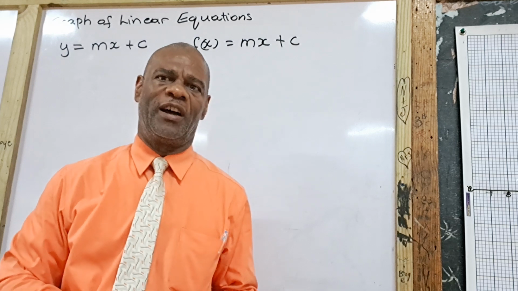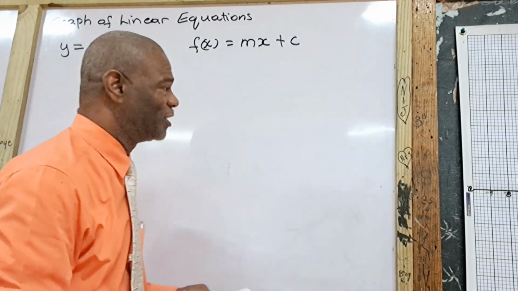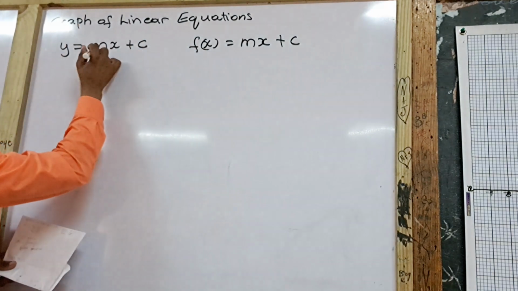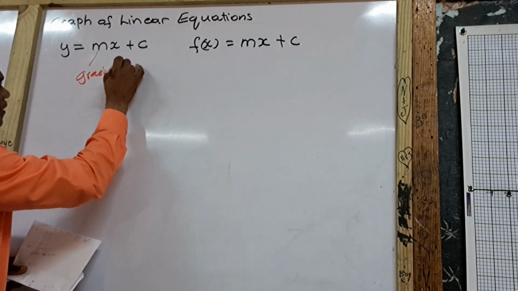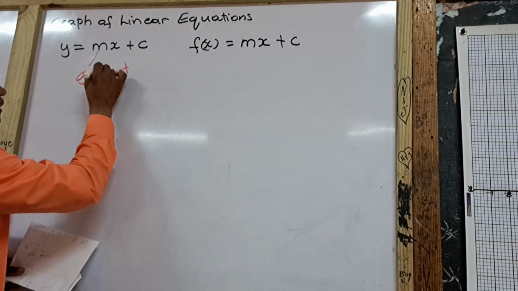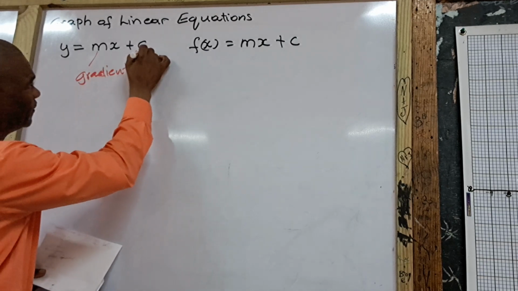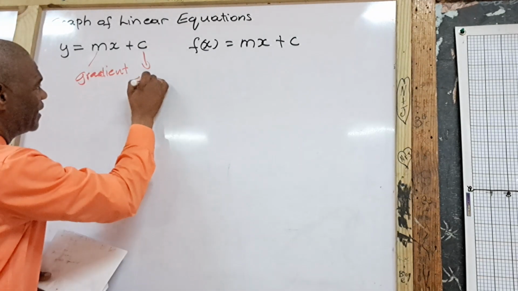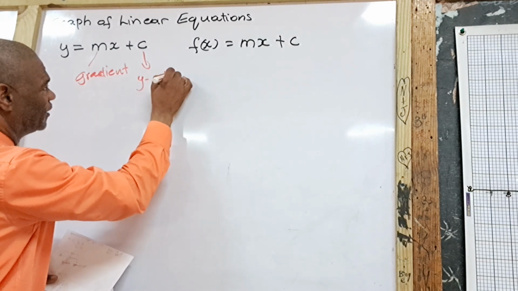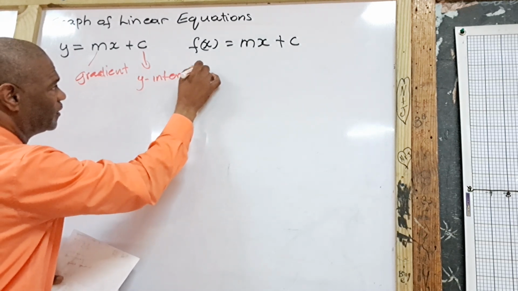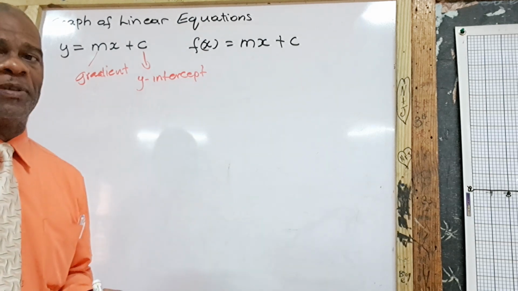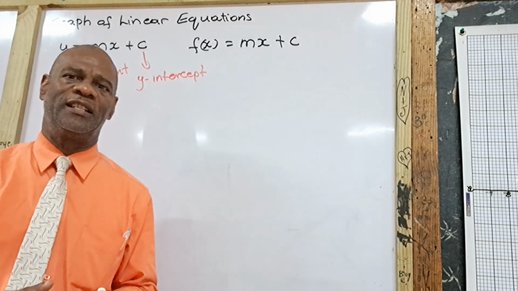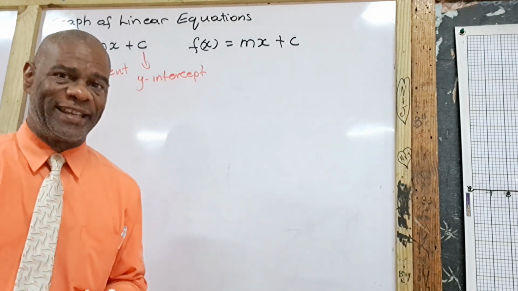So let's write that: m is the gradient and c is the y-intercept. Remember, m represents the gradient and c represents the y-intercept.